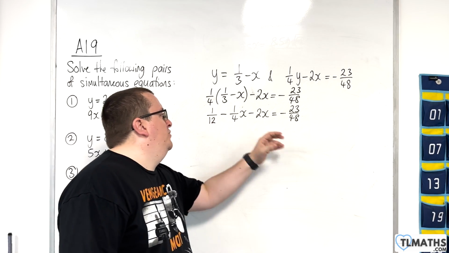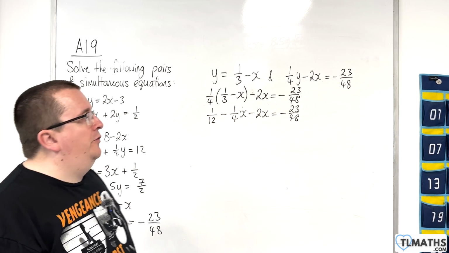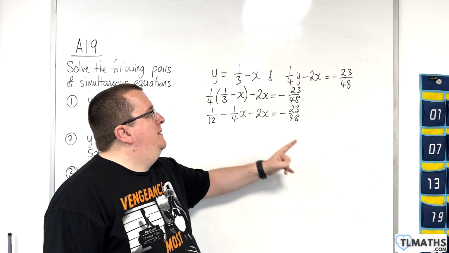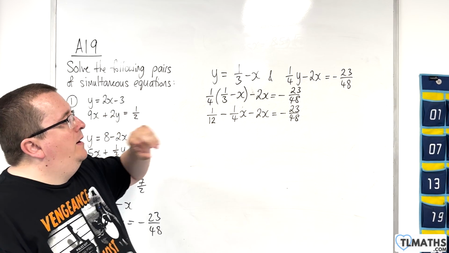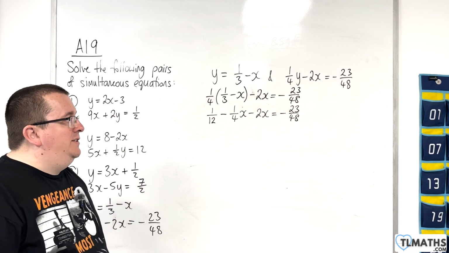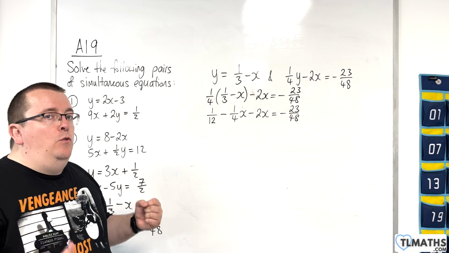We can multiply through by 12, and that will deal with those 3 terms for us, and we can simplify that nicely. But it won't get rid of the 48. Now, conveniently, 4 and 12 are factors of 48. So if we multiply through by 48, then that will deal with all of the fractions in one go.